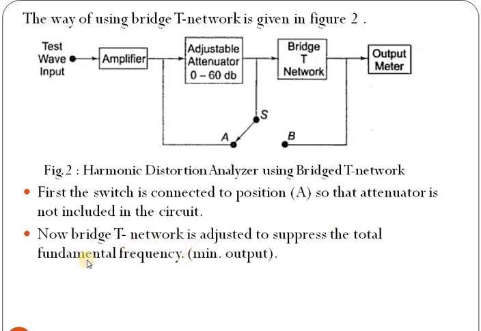Next, the Bridge-T network is adjusted to suppress the total fundamental frequency, giving minimum output. Fundamental frequency means minimum output. As a result of connecting the switch to A, the attenuator is not included and the Bridge-T is connected to the amplifier.